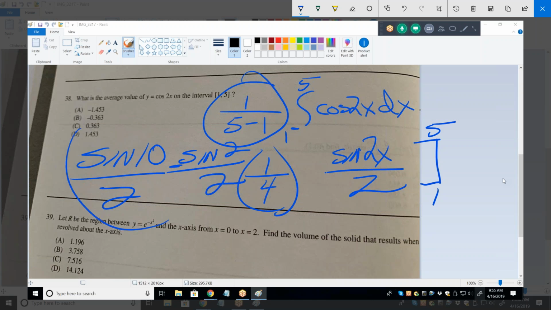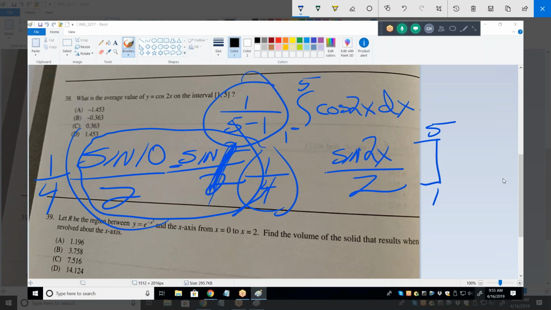And that would be calculator. So let's stop right there because I don't think we need to go any further. Don't forget that 1/4. Okay. And your calculator will give you this number. And no, there is no simplification that you can do right there.